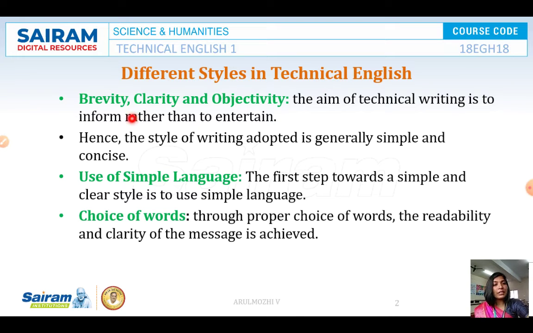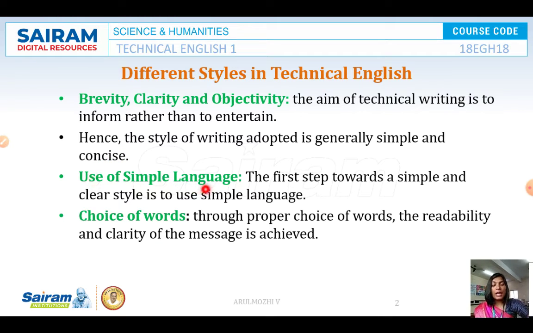So the aim of technical writing is to inform rather than to entertain. It should always be clear and precise, and should talk only about the aim, the objectivity. Hence the style of writing opted for technical writing is simple and concise, very clear.